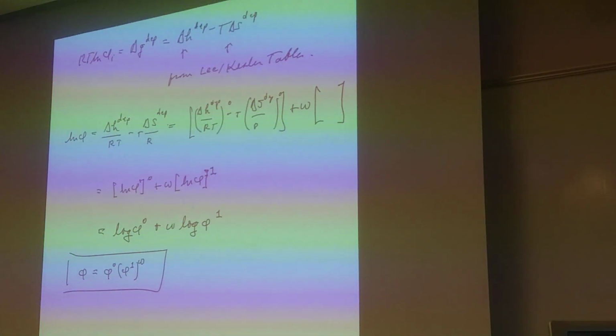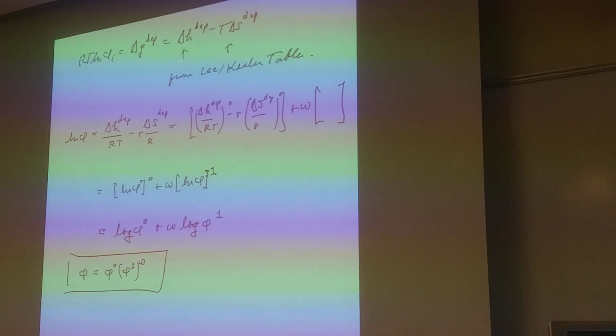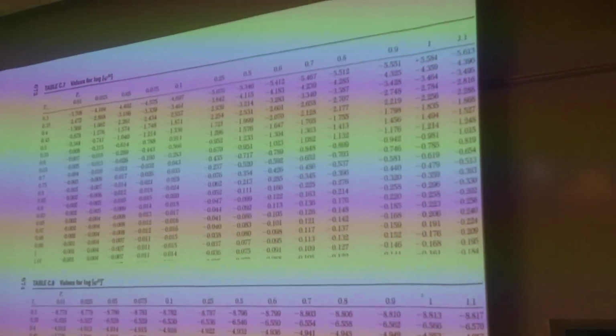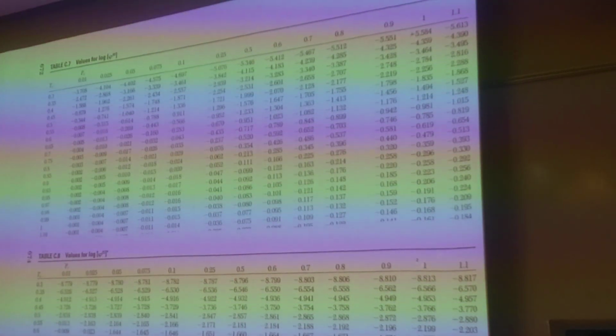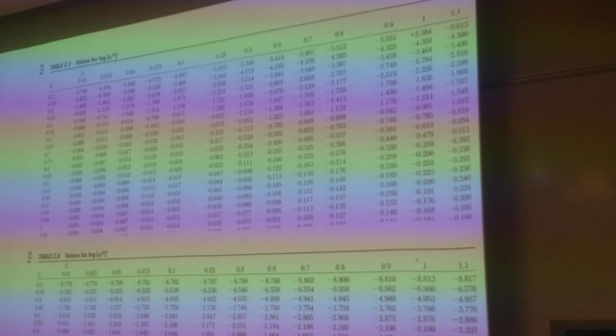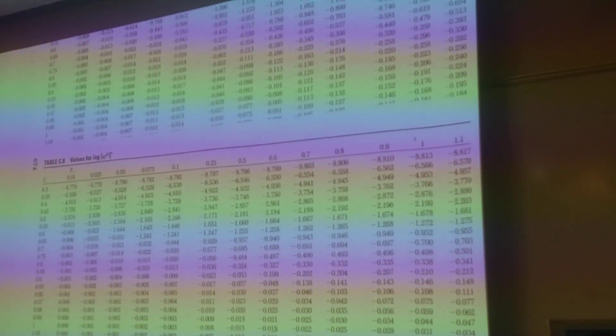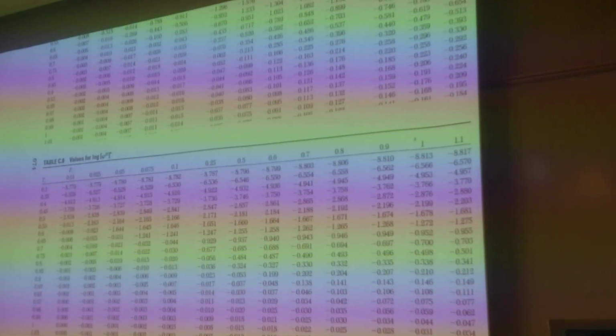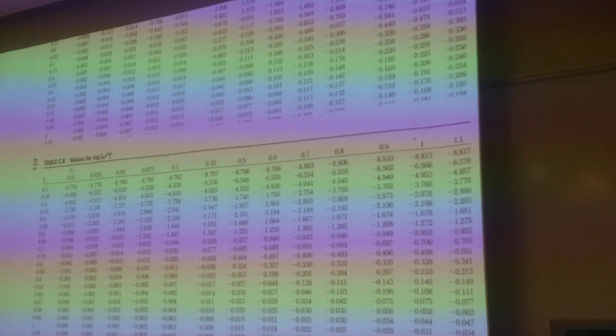So I think I've got it here somewhere. So here you see what we have in the appendix of your text. Here I've got log phi0, and here log phi1. I've just clipped some of it so you can get an idea, and it's with the same grid.